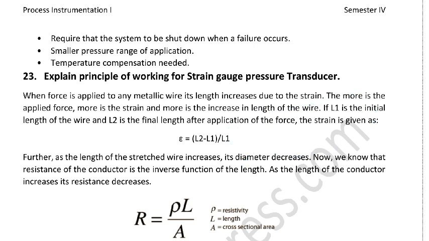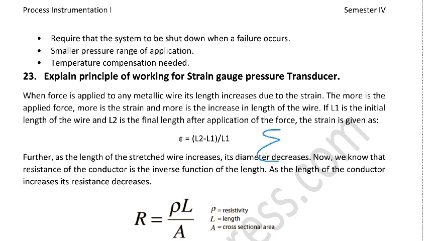If the initial length of the wire is L1, the changed length of the wire is L2, the final length after the application of the strain.